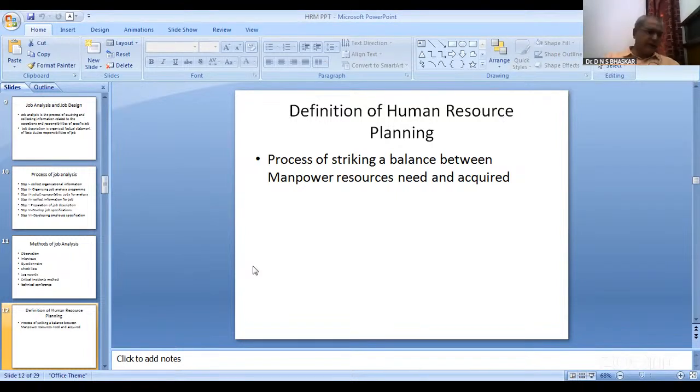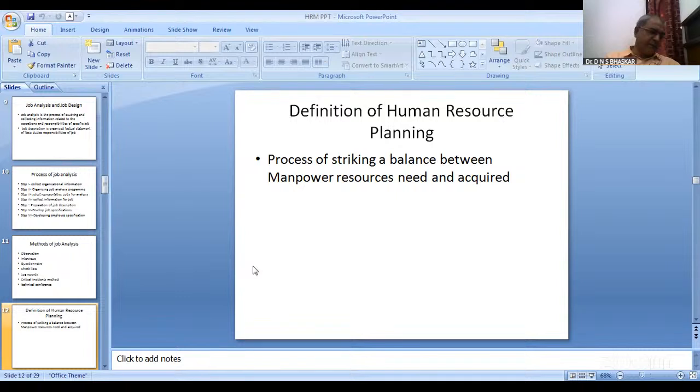This is another important element. So all the students are required to open page number 89 of your material book, which contains the elaborate discussion about manpower requirement, the manpower planning process, and so on and so forth.